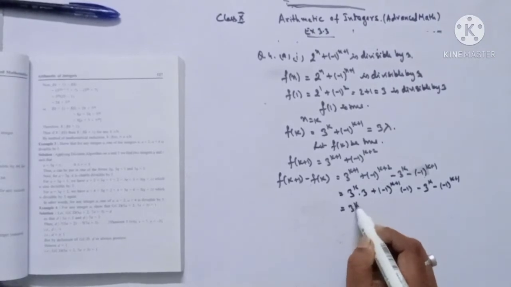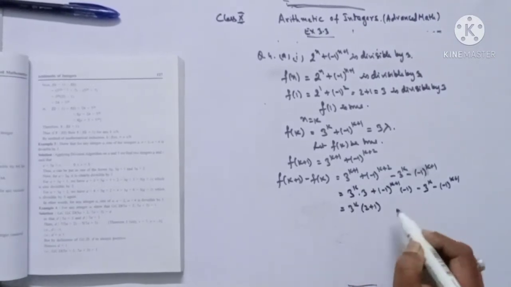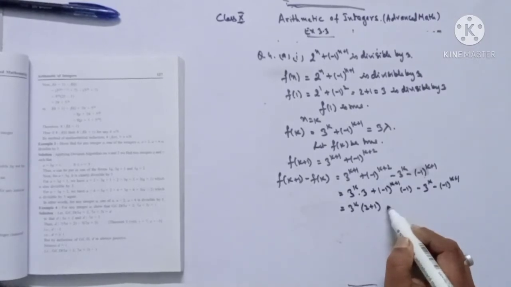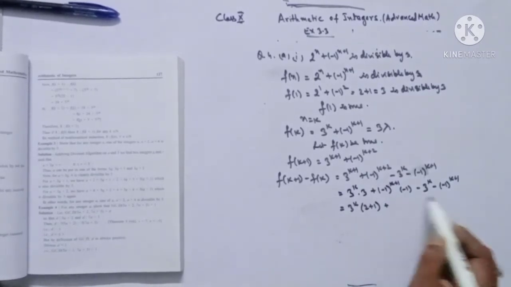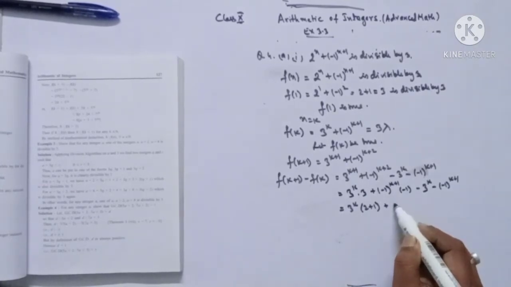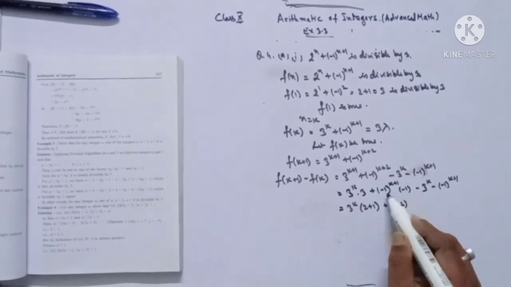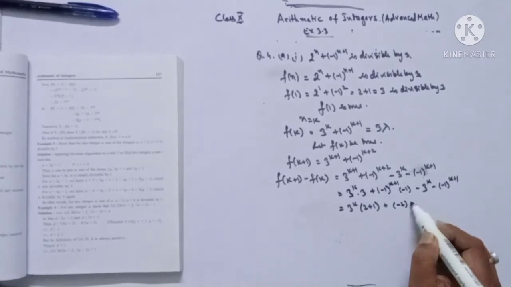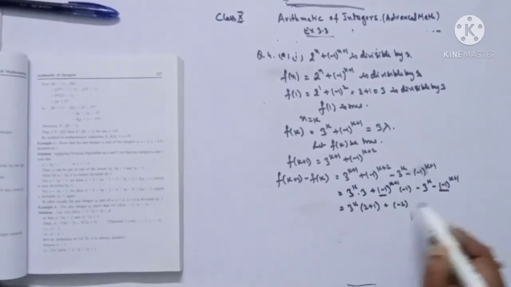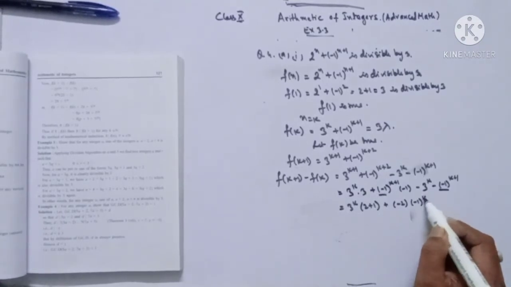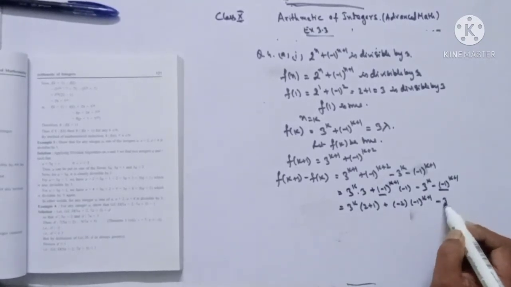So here 2 to the power of k, instead of 2 I can write 2 plus 1, and this and this will be minus 2 into minus 1 to the power of k plus 1, and minus 2 to the power of k.